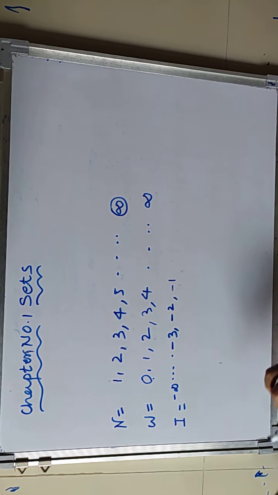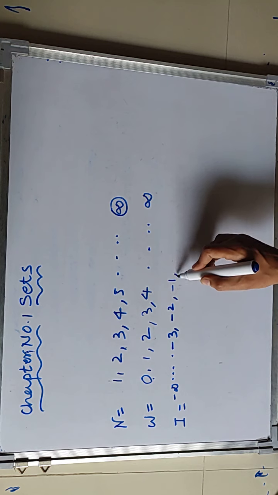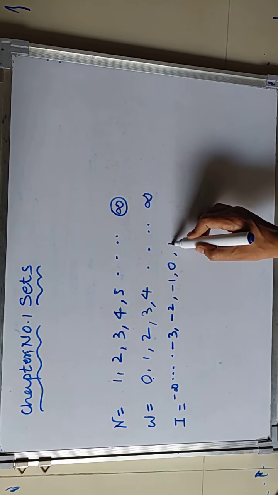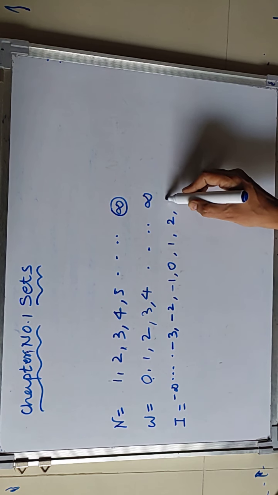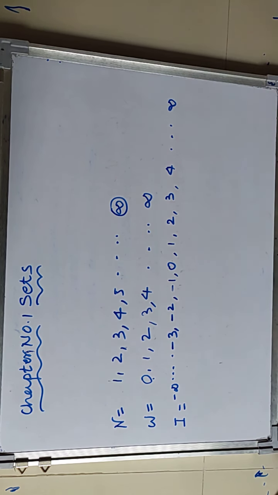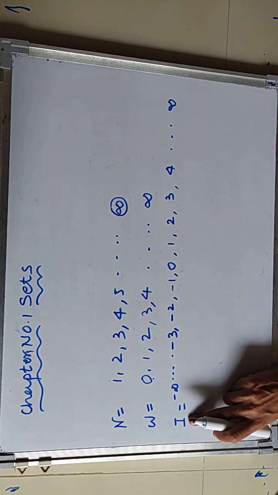There are minus infinity numbers, and on the RHS of 0 you write the positive numbers 1, 2, 3, 4 and so on up to infinity. These are said to be integers, and they are denoted by Z.